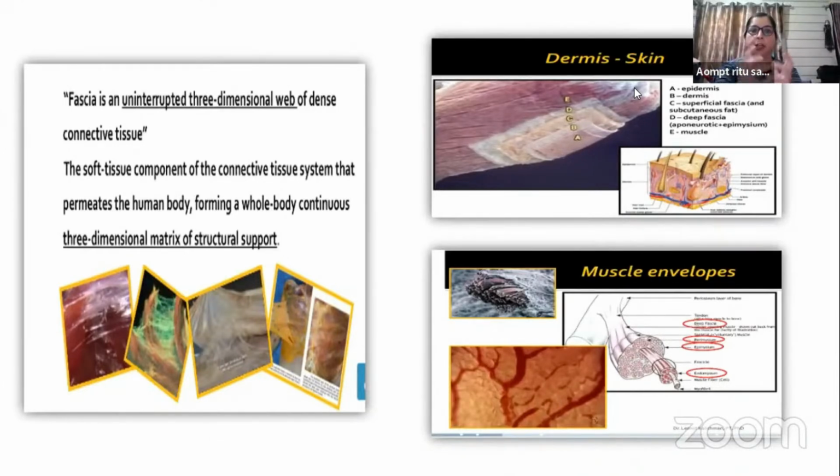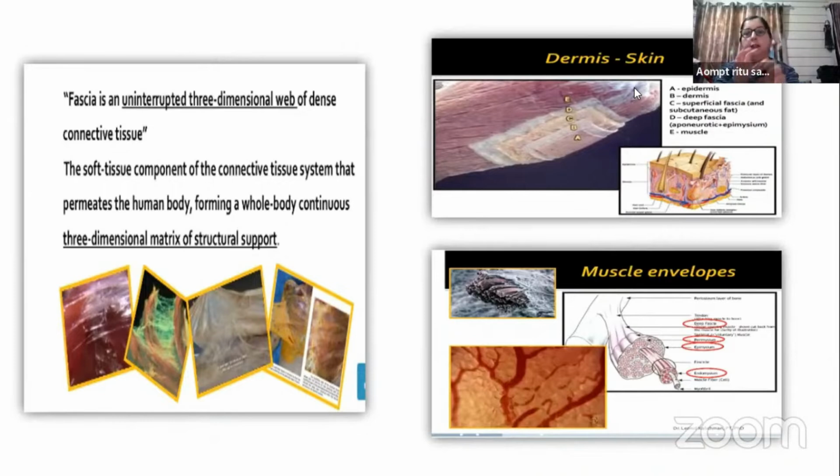It is a complete connective tissue web, where they take the forces of compression and also maintain the tensile force. So there is a 3D structure in the fascia, a connective tissue system that permeates the human body, forming a whole body continuum.